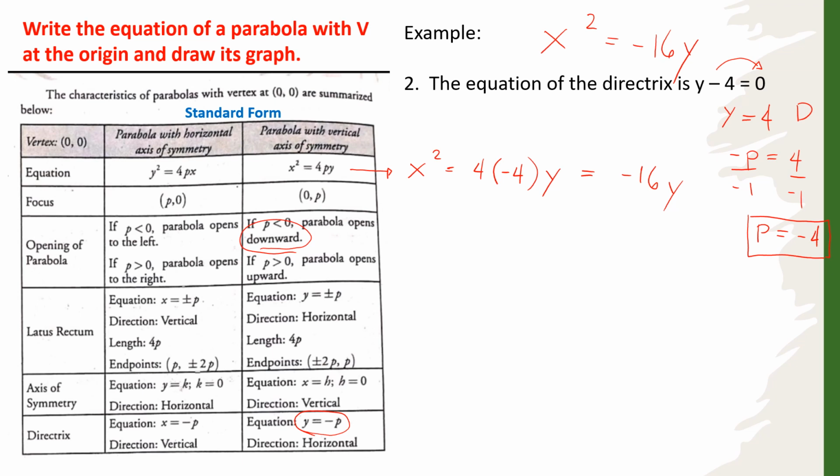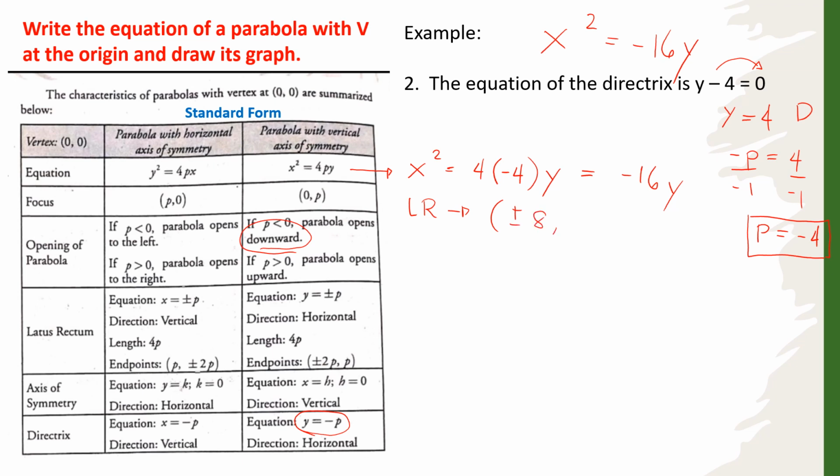And the coordinates of the endpoints of the latus rectum are what? We have plus minus 2p, so it's plus minus 8.